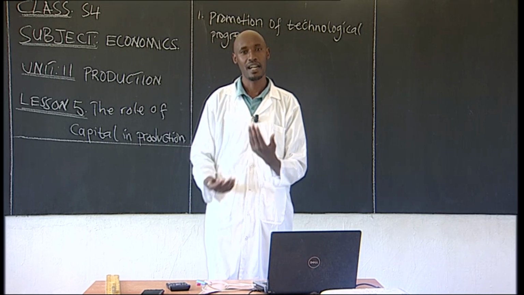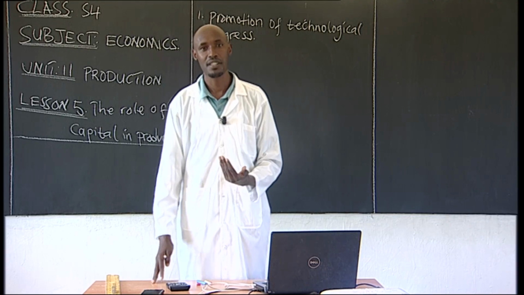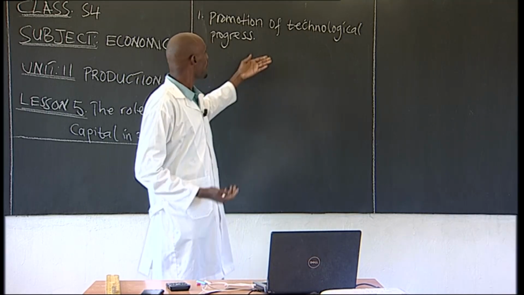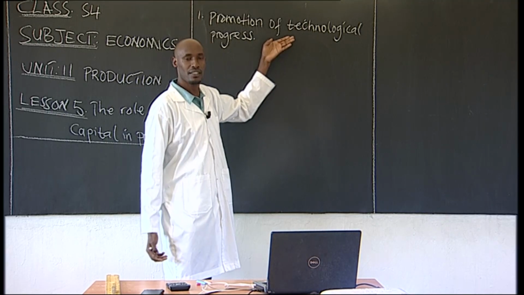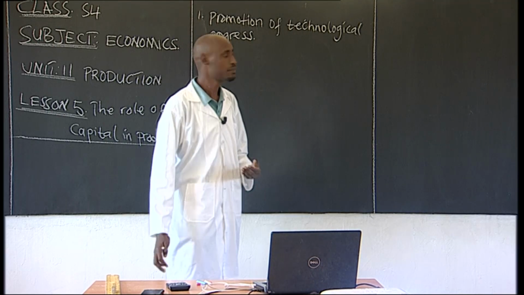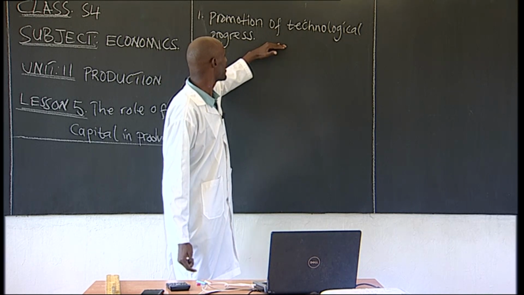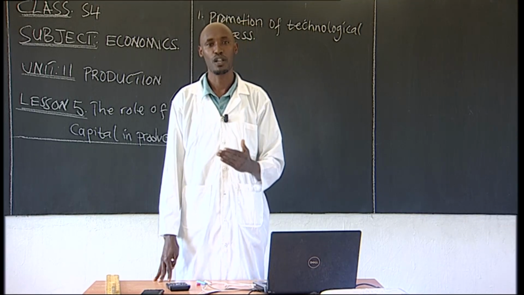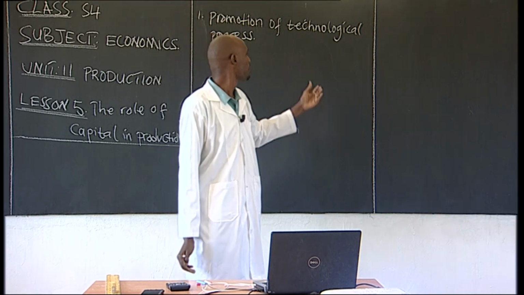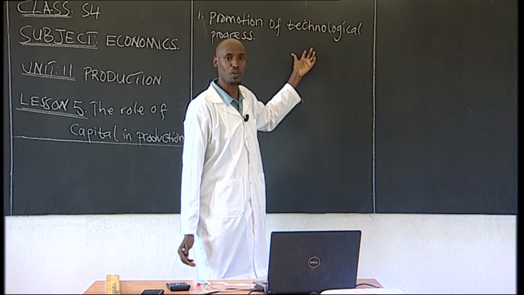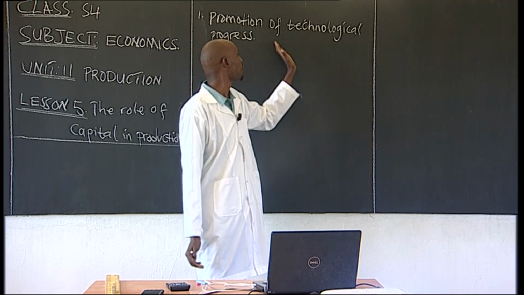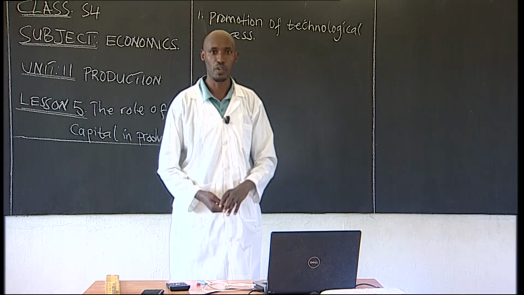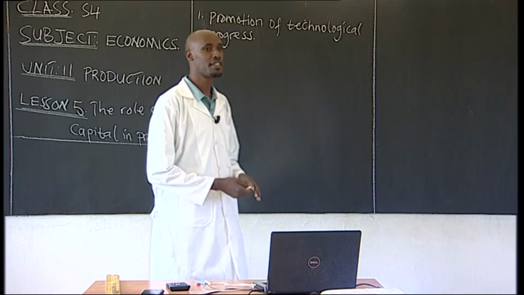You can also hire experts from outside so that you increase the output. So this is one of the roles that capital plays in the production process: promotion of technical progress.